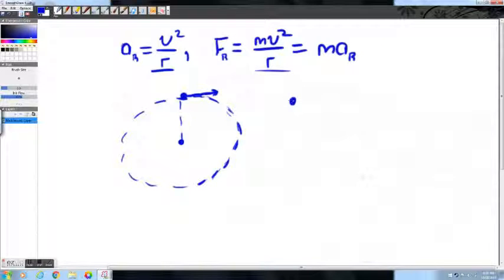At any time, at the top, the object's force diagram will look like this: mg plus F_T, and we'll name this one F_T1. And at the bottom, the force diagram will look like this.